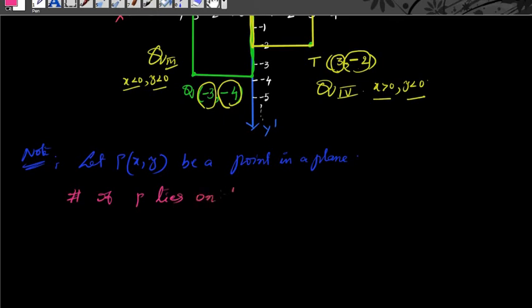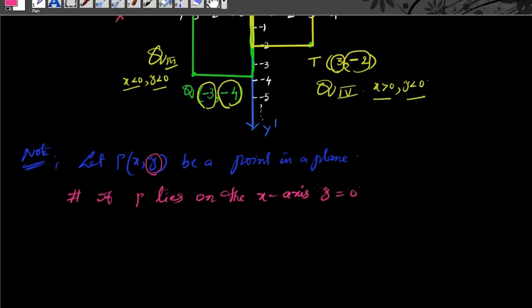If a point lies on the x-axis, wherever it is, then the y coordinate is 0. In this point, what is the y coordinate we have taken? Y. So y is equal to 0.